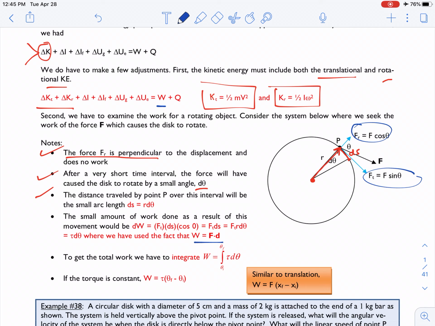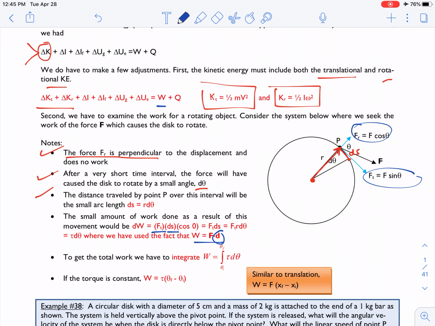F is FT. And D here is the displacement, so it's our ds. And cosine theta between them is always 0, because when it moves, that tangential force is always tangential to the arc length. So the direction and ds is also tangential for that instant.